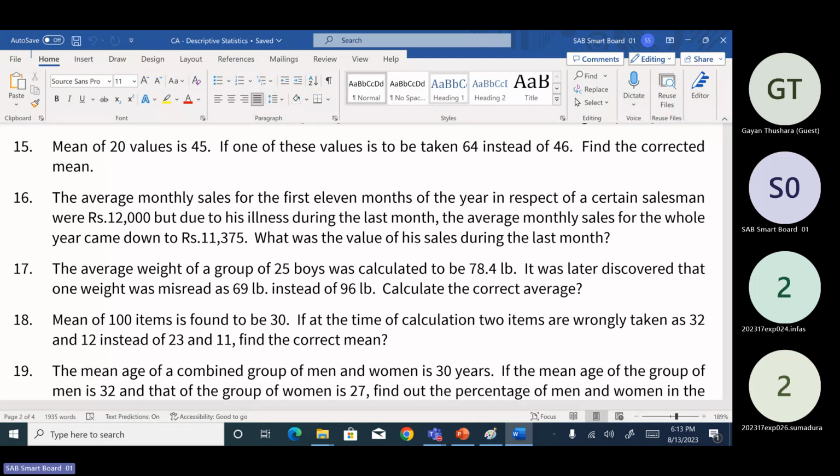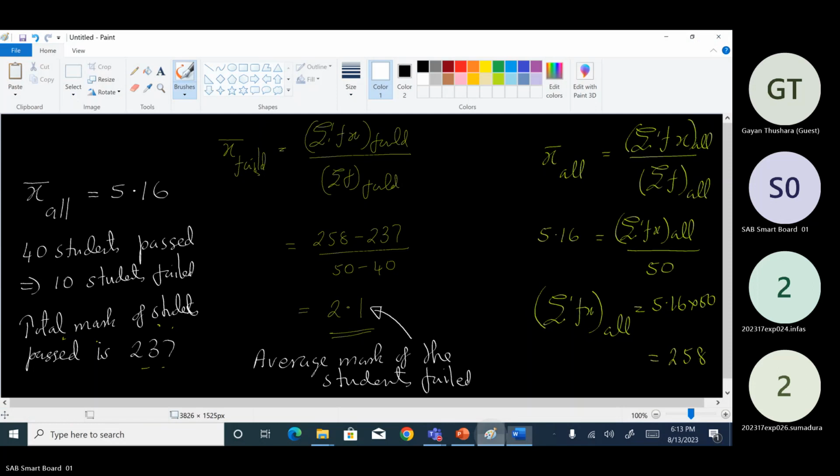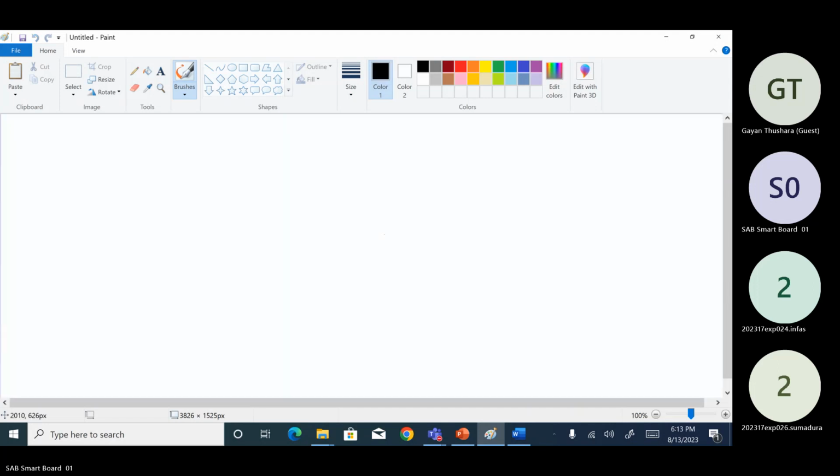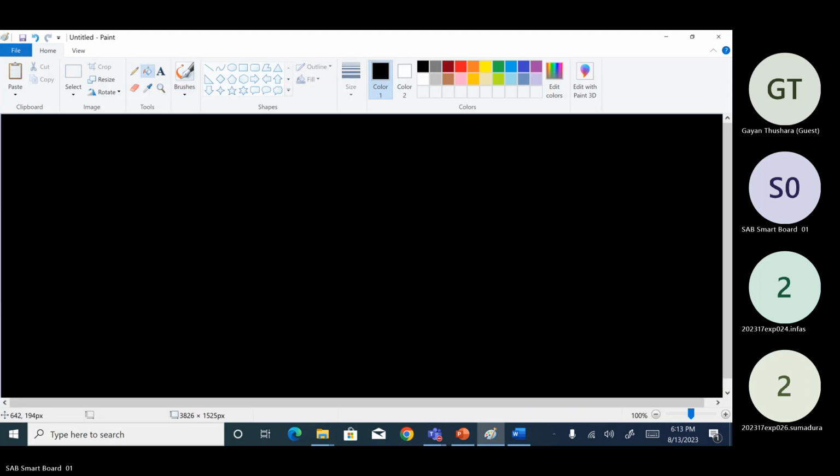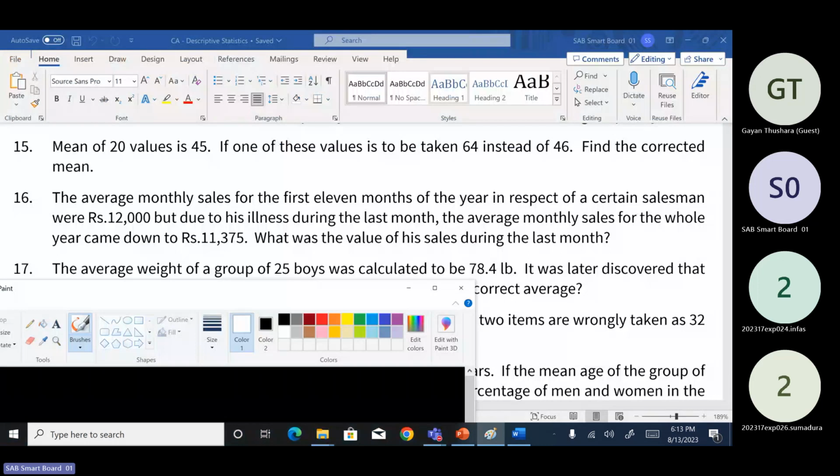So X bar calculated, but it is the wrong value.